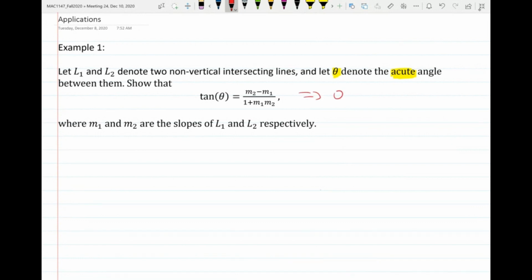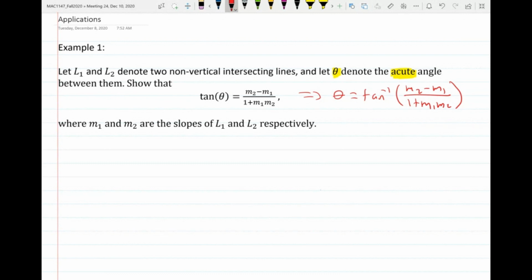So once you know this formula, then theta can be calculated by doing inverse tangent of this number. This is a pretty good application, because whenever two things are crossing, we always want to find at what angle they cross. So this will tell you how to find the angle between two lines.